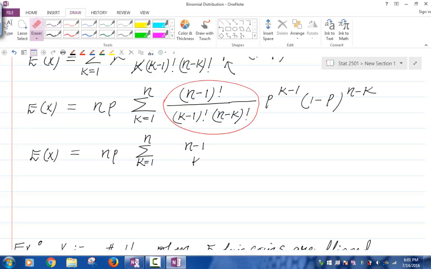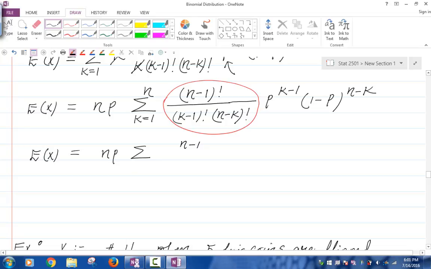Before I go further, let's change the index of the sum. What I'm going to do is replace k by k plus 1.